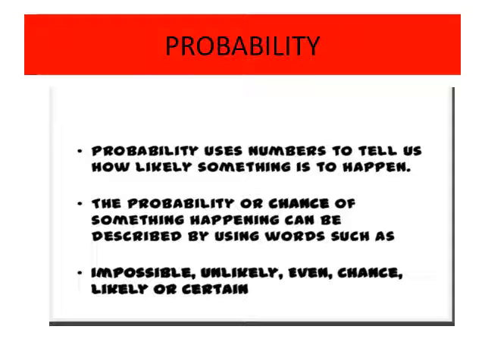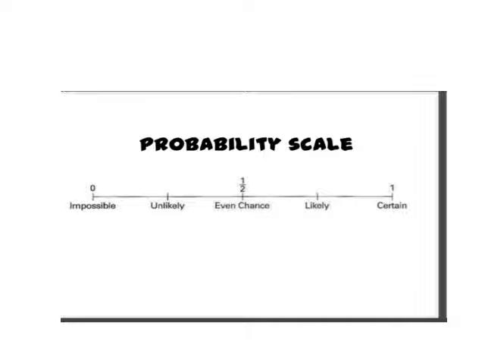The probability or chance of something happening can be described by using words like impossible, unlikely, even chance, likely or certain. So these words can be shown on a scale known as the probability scale.